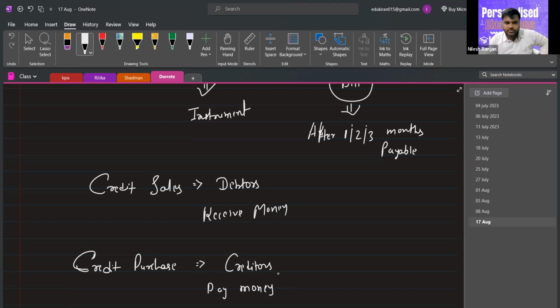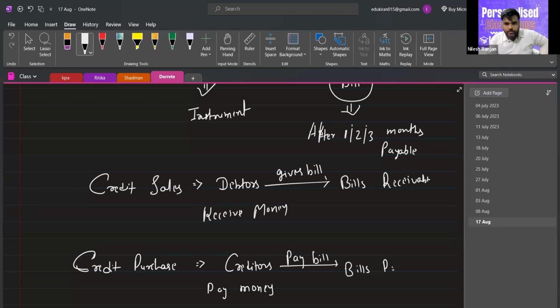Is this clear? And if a debtor gives a bill, then it is bills receivable. And if we pay a bill to creditors, then it is called bills payable.